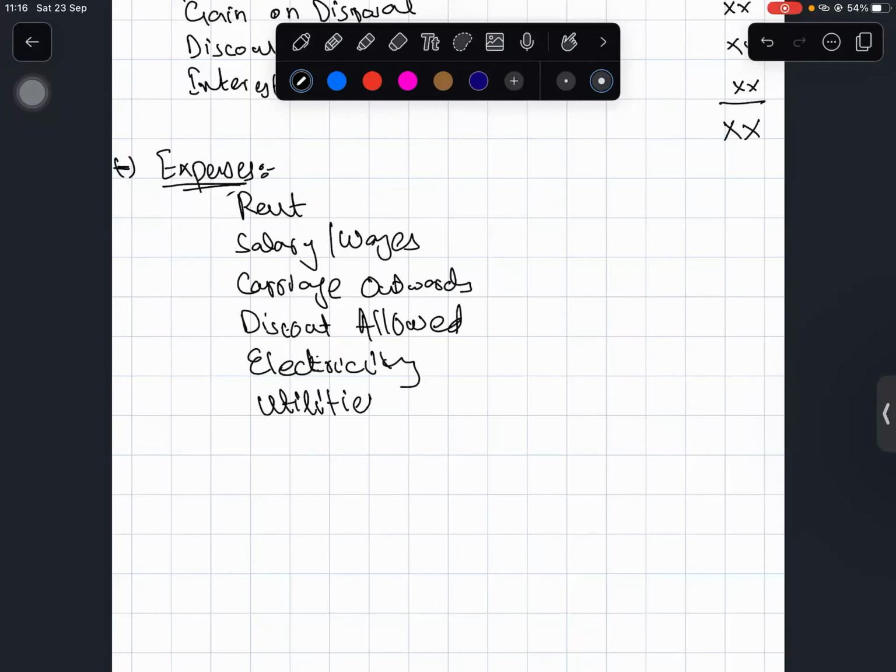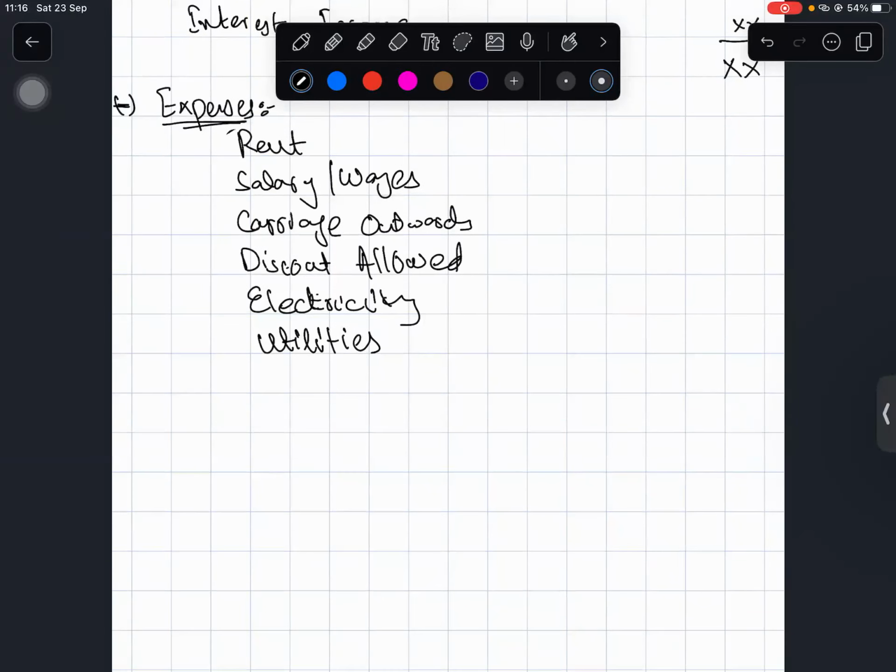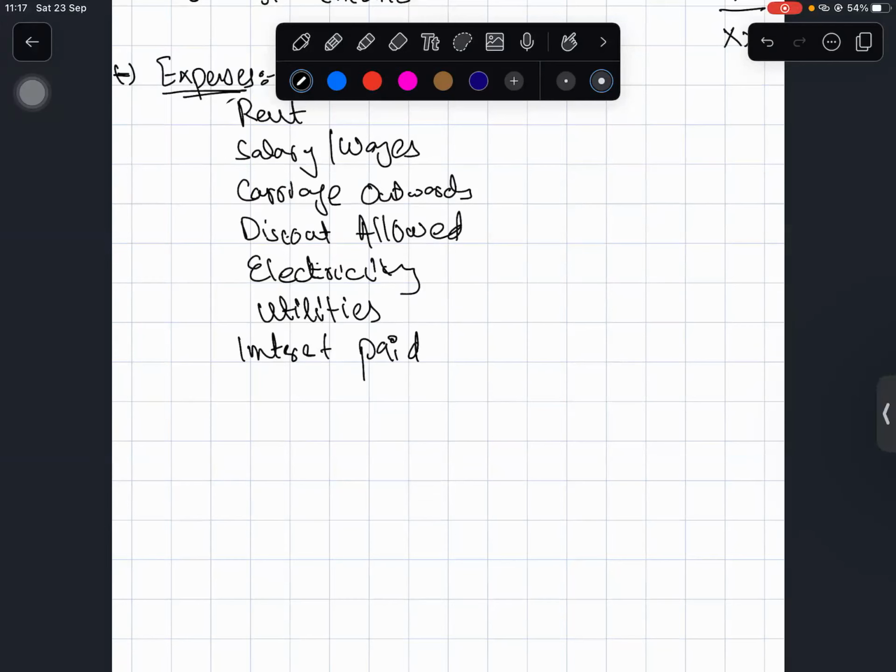utilities expense, we will have interest paid expense. What is it that I'm forgetting? Oh, yes, the depreciation expense. So depreciation can be, one expense can be for equipment, another depreciation expense can be for vehicle, for example.